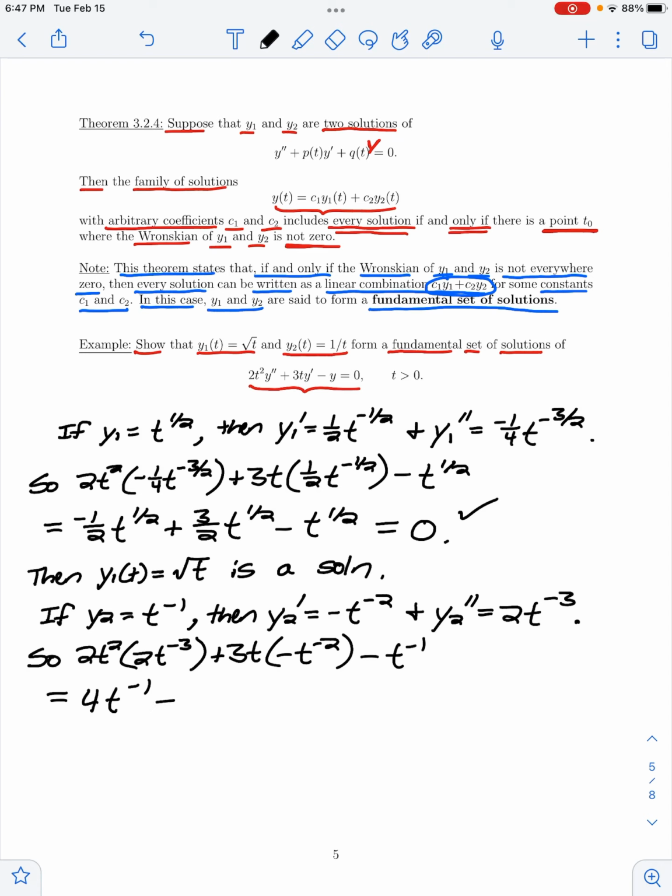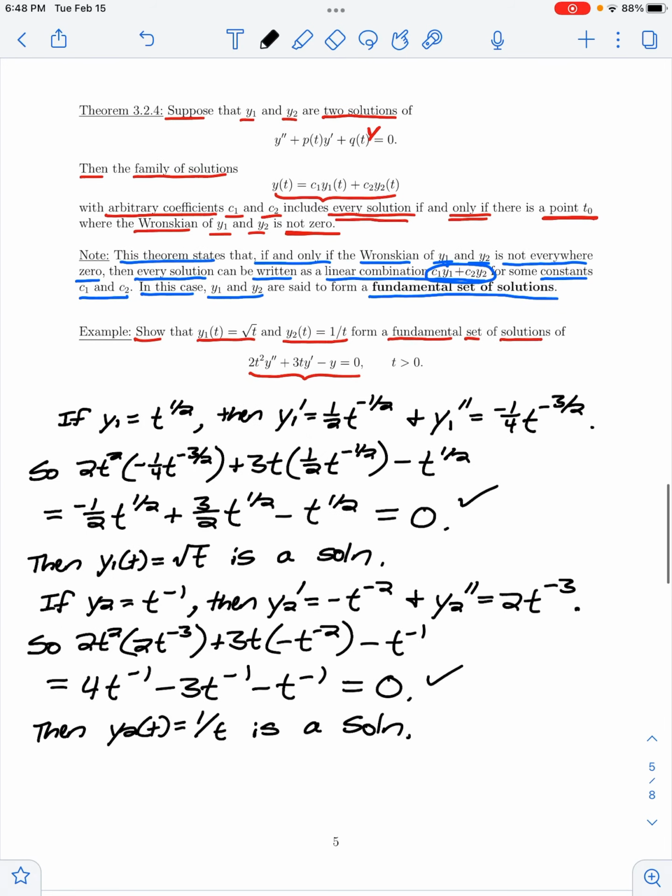For the second two terms, we have minus 3t to the negative 1, and then minus t to the negative 1 on the end, which does indeed give us 0. So we have also shown that y2 of t, which is 1 over t, is a solution. So these two functions do indeed solve our differential equation.